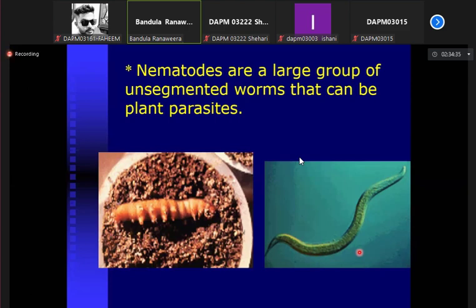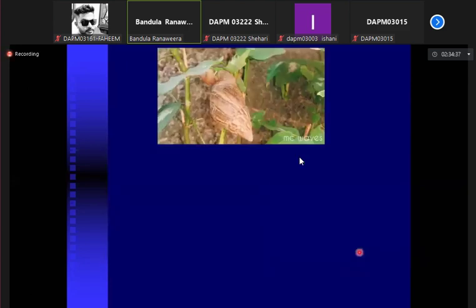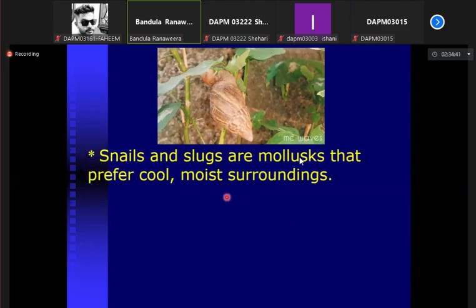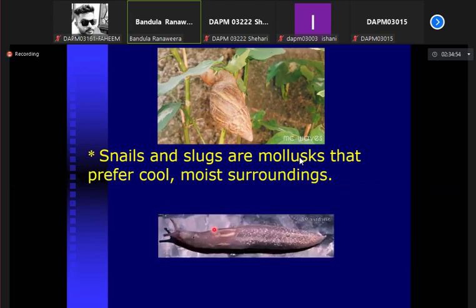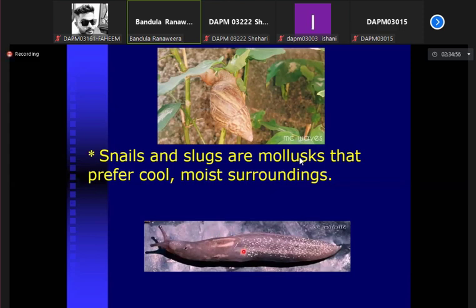Then the mollusks, the snails and slugs. Now this is a snail, and the slugs.